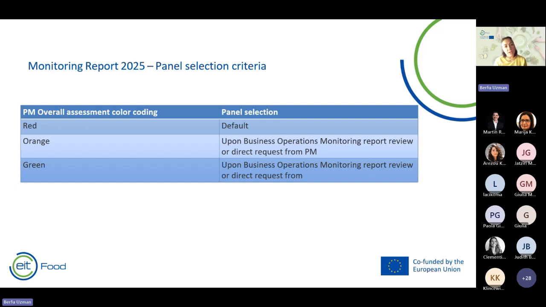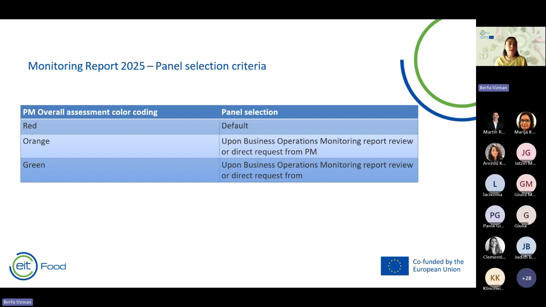Then for the orange Kavas, that is upon business operations monitoring report review or a direct request from the PM. So a PM may already select your Kava as orange, but still would like to check your project with the panel. Then the PM can request this, or further checks by the business operations team can lead an orange Kava to be discussed in a panel.